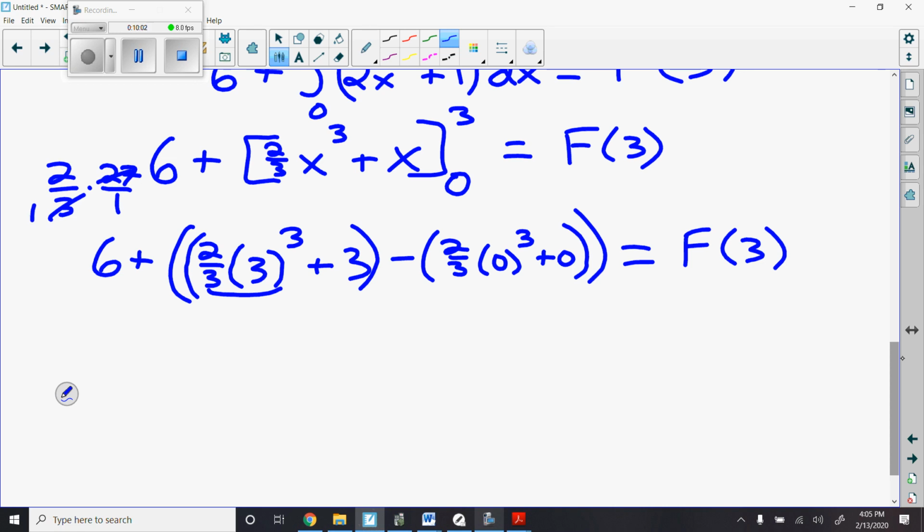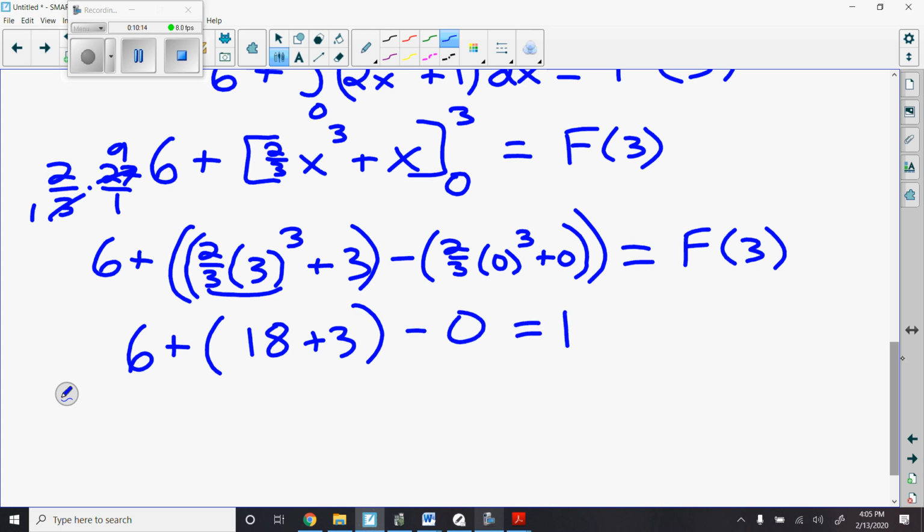Cross cancel. I'm going to get 18 out of there plus 3. Again, minus 0. 18 plus 3 is 21. 21 plus 6 is 27. So I get 27 equals capital F of 3.